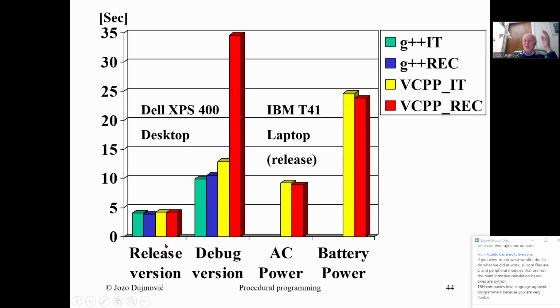If you release, then you get fast execution. So this is a fast execution. A laptop is always slow when you work with battery because it tries to save energy. And if you have AC input, then it is much faster. So this is a better thing.